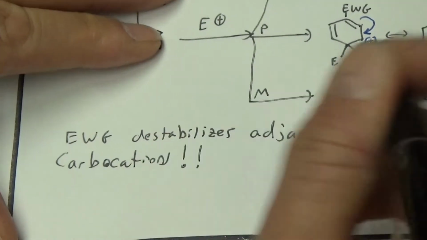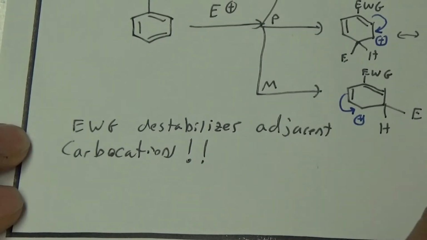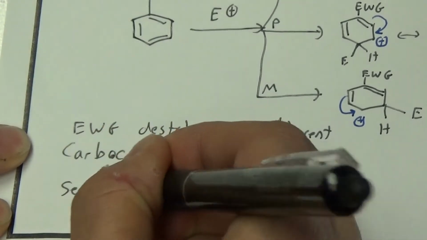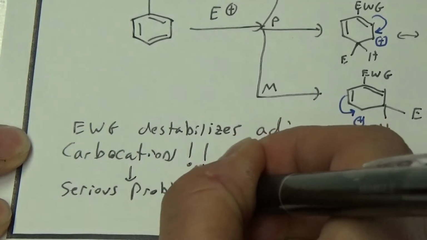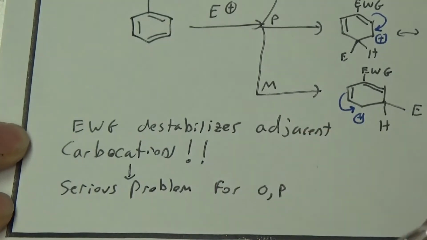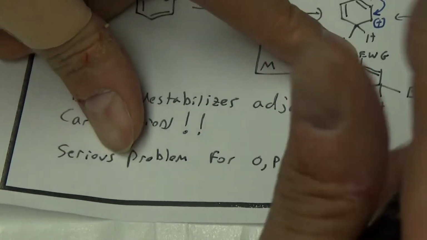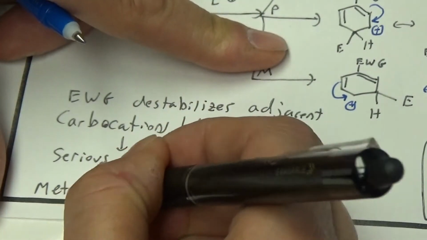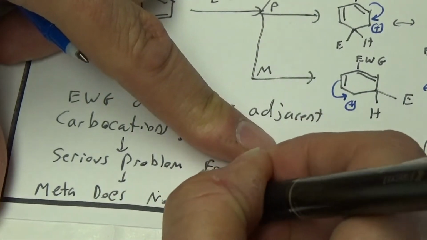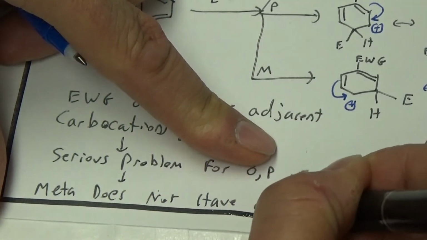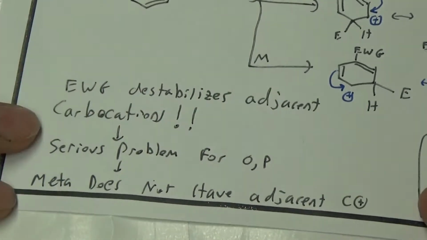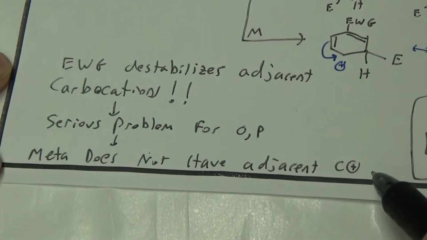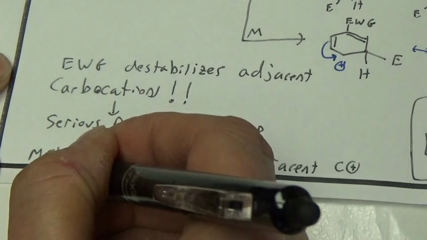Electron withdrawing groups destabilize adjacent carbocations, which creates a serious problem for ortho and para direction. Meta does not have an adjacent carbocation, same thing. Meta does not have an adjacent carbocation, so therefore meta is favored.